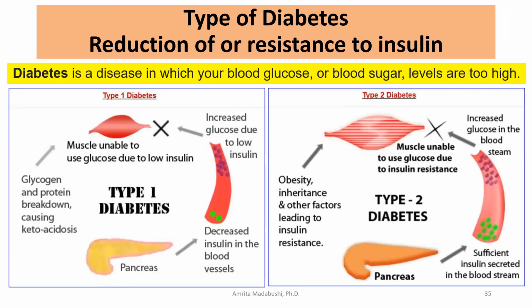And then the muscle is unable to use the glucose, and glycogen breakdown can cause ketoacidosis. So that's type 1 diabetes, which sometimes happens even when human beings are very young.